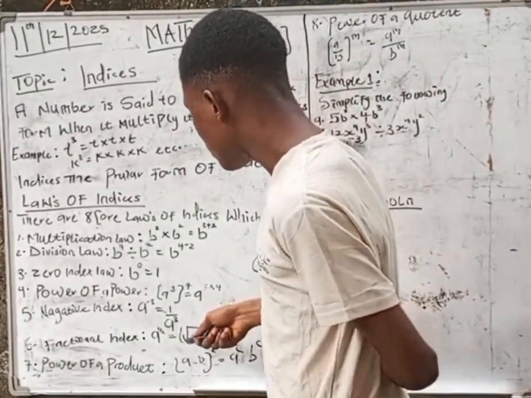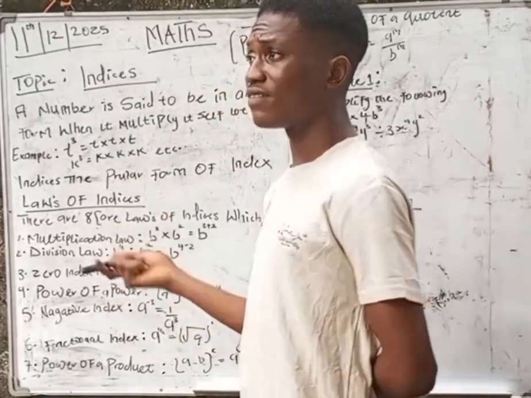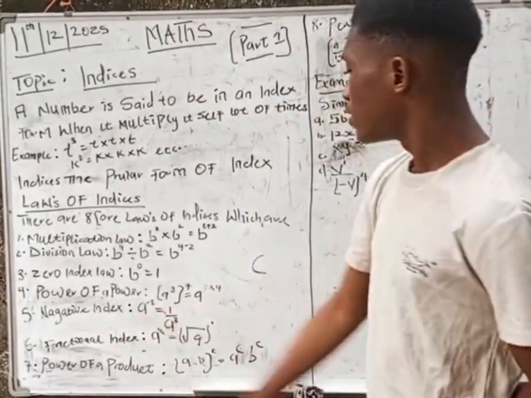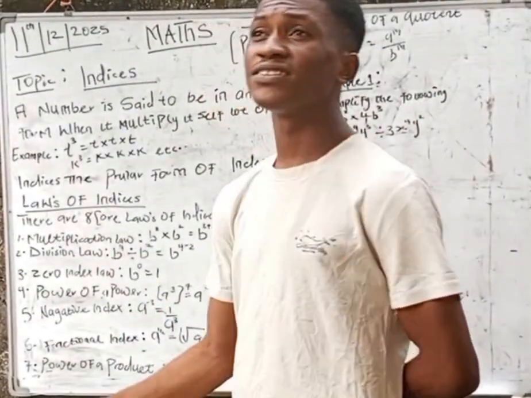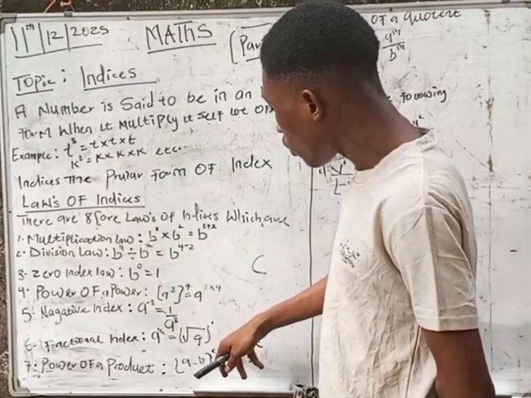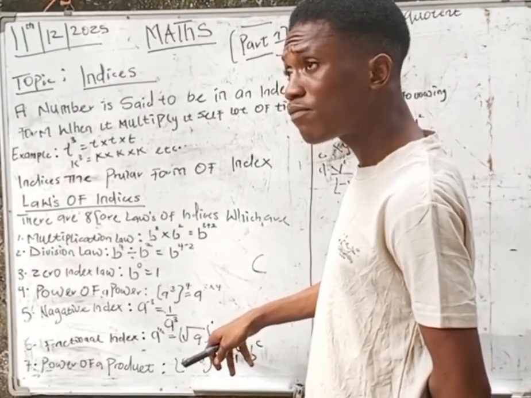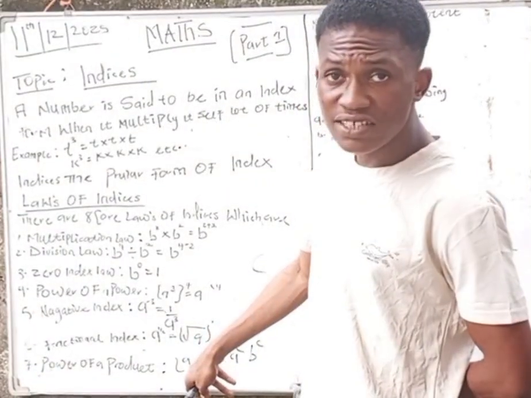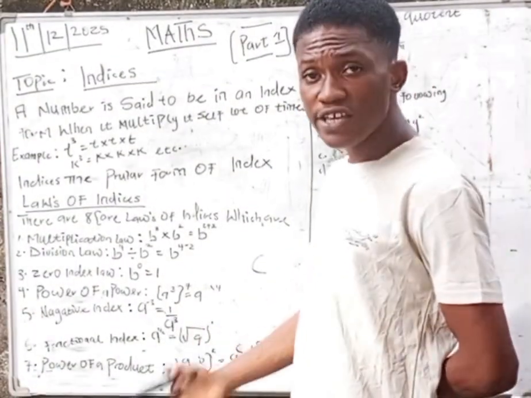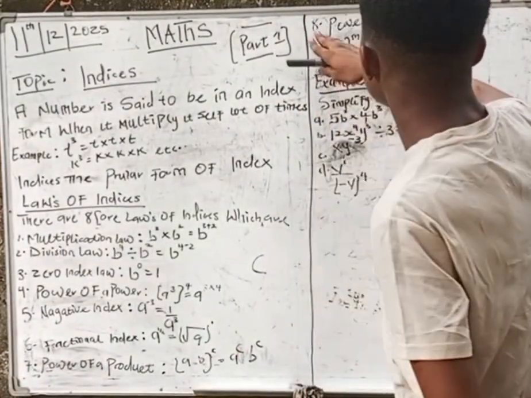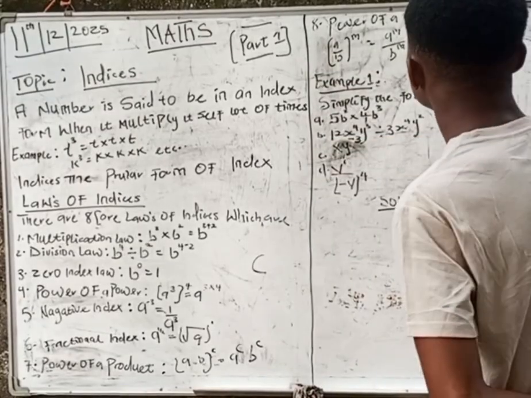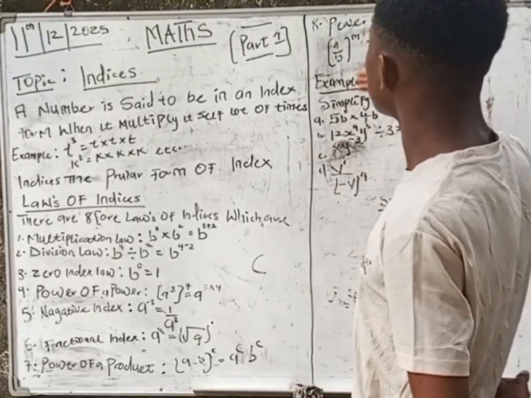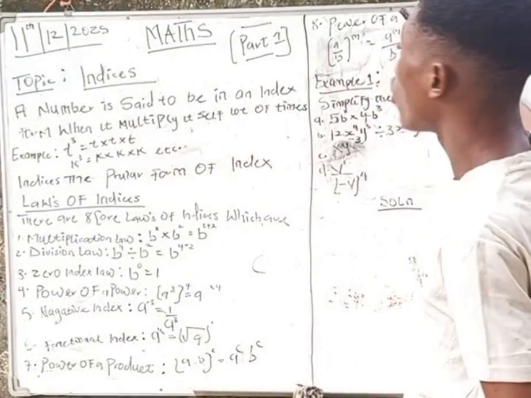We can also write it in this form, something like root 5, root a. Then the power of a product says that whatever power is outside, we distribute to what is inside the bracket. We distribute it evenly. Then law 8, power of a quotient, says that we distribute evenly also.